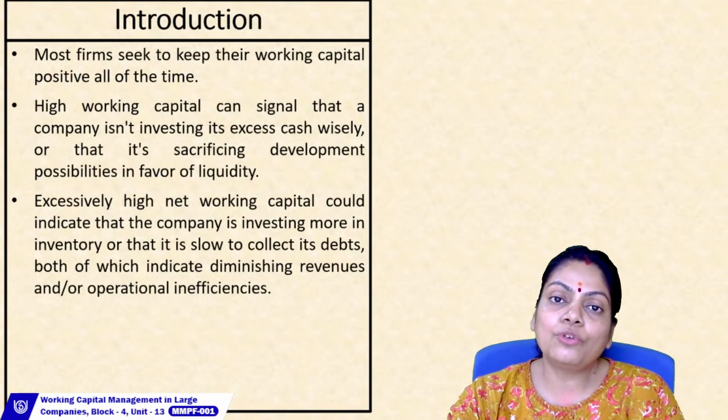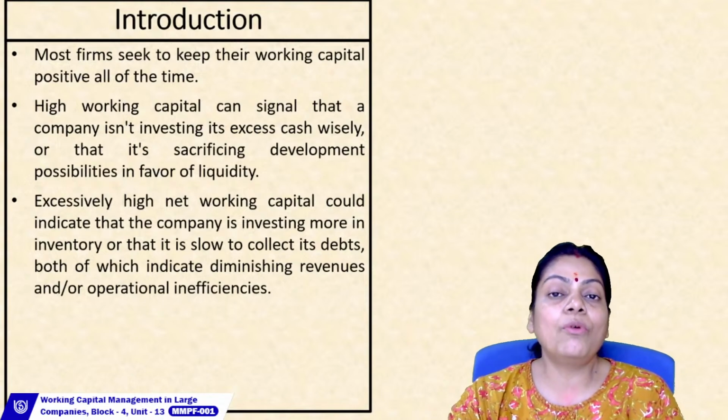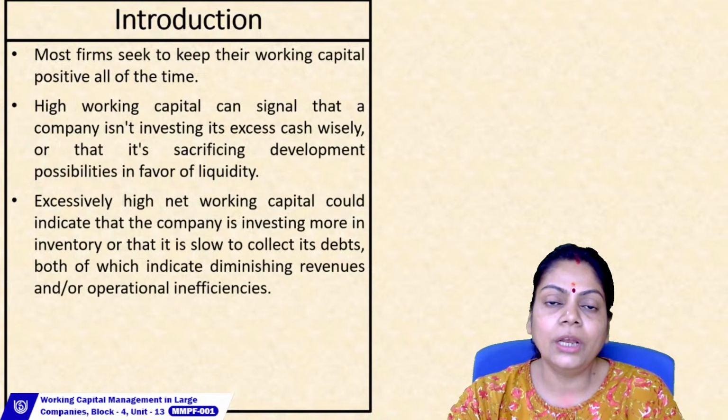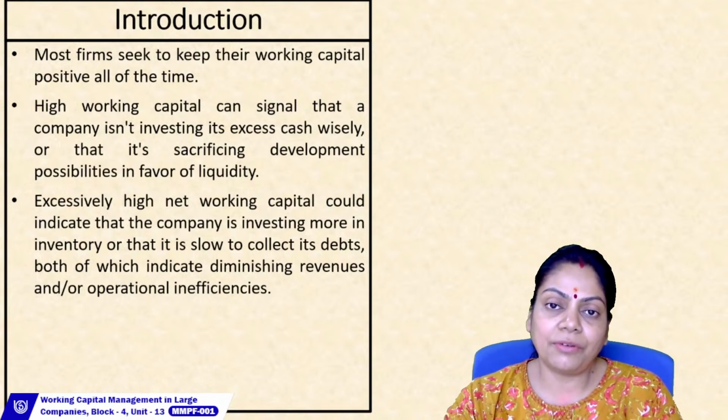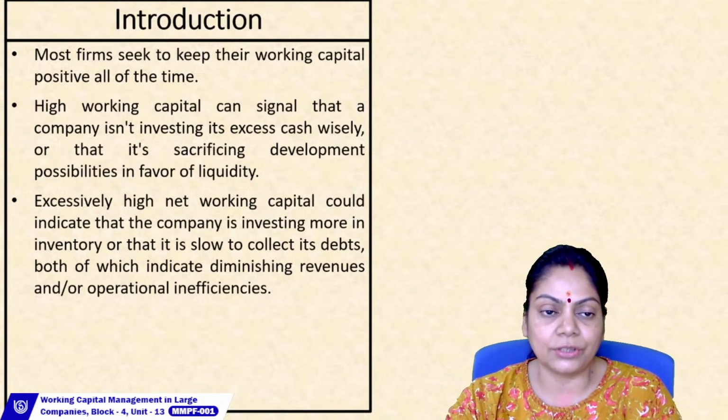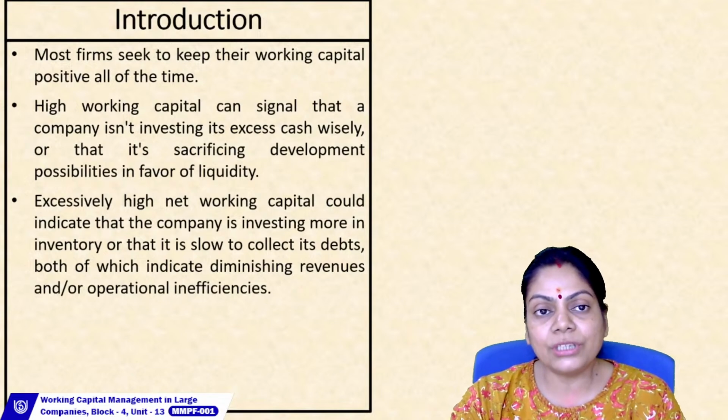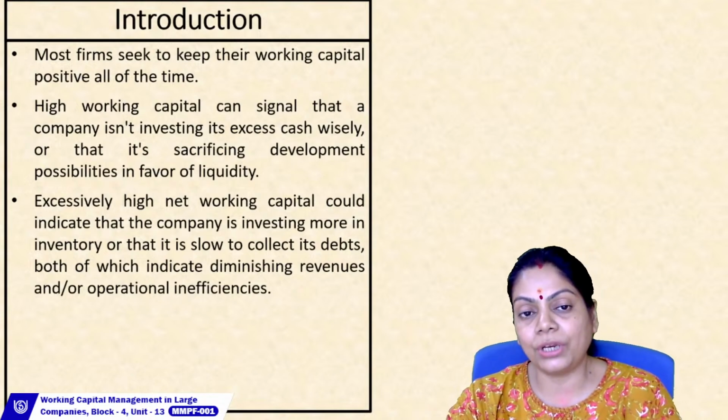If you are having too much cash, or more than the required level of inventory, you can end up with very high current assets. In current assets you have cash, inventory, and debtors. If you have an excess of all these three things, then you will have a very high working capital.